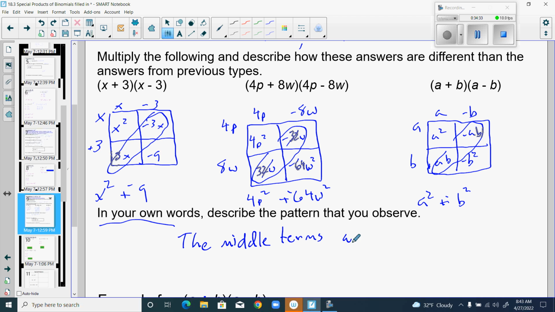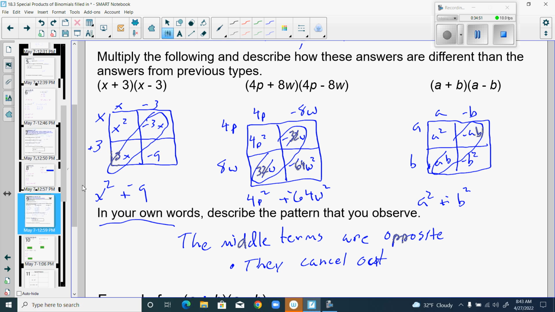That happens every single time you get a binomial times a binomial, and the terms are exactly the same, but one has addition and the other has subtraction. That's what we get every single time.